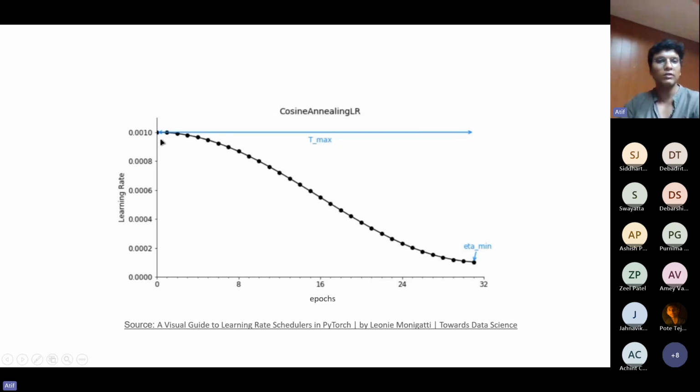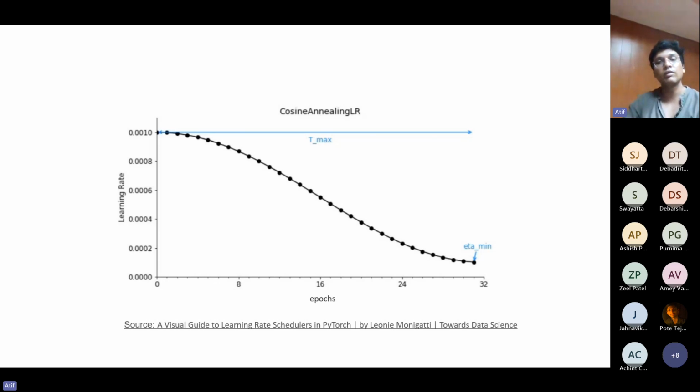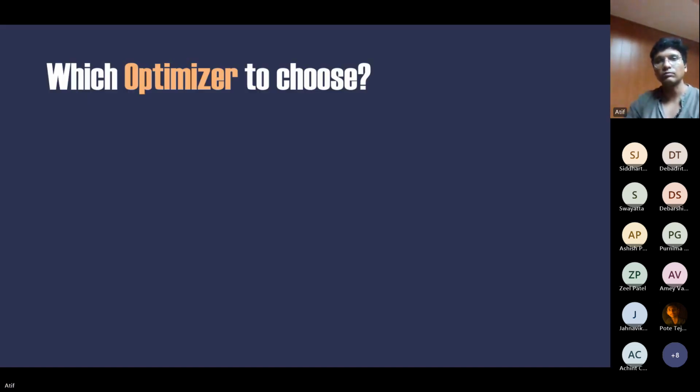Cosine annealing will adjust the learning rate drop between the first iteration and the last iteration such that you start off with the learning rate that you give and then it reaches the minimum learning rate that you have set. So this is what the code looks like. T max is the maximum epochs and eta min is the minimum learning rate that you want to set. Doing this actually gives a very big boost in performance. So make sure that you're using schedulers.